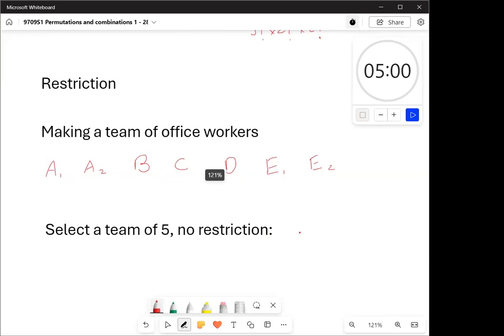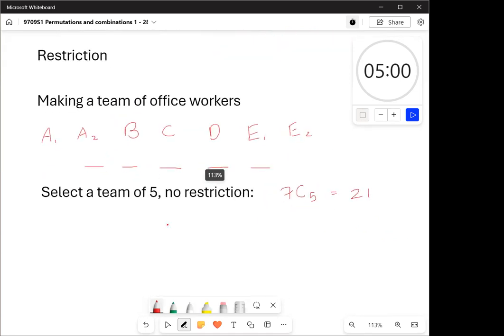So is it 21? I need the formula actually, not the answer. 7C5, which is 21. There are 7 people here, and by selecting 5, it's always best to make these blanks, dashes. Don't do it in your mind.